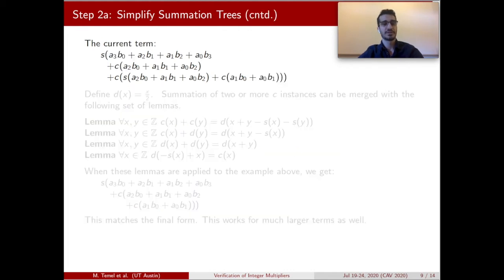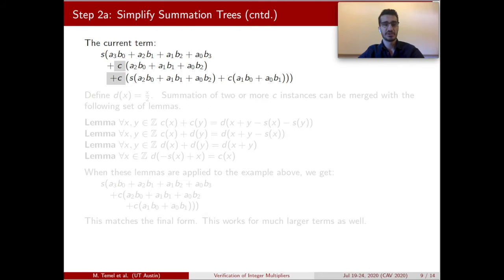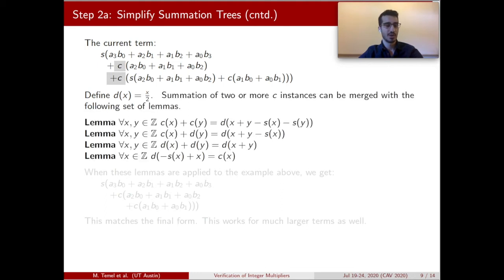This term still doesn't look like the final form, and we see the summation of these. Since our final form does not contain such instances, our intuition tells us that we should try to remove these somehow. We introduce a new function d, which is equivalent to divide by 2. Remember that c is equivalent to floor of divide by 2. C and d can be rewritten in terms of each other, as seen in the last lemma.